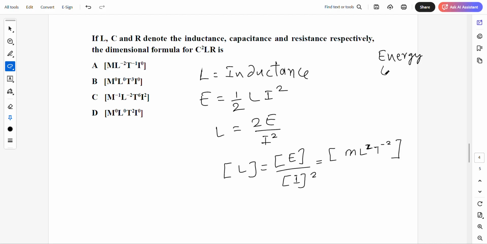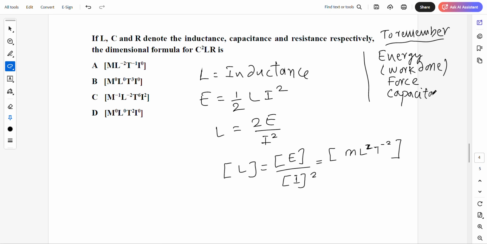Always remember the dimensions of energy or work done, and the dimension of force, and dimensions of capacitance. This will help you out. Work done or energy, force and capacitance.